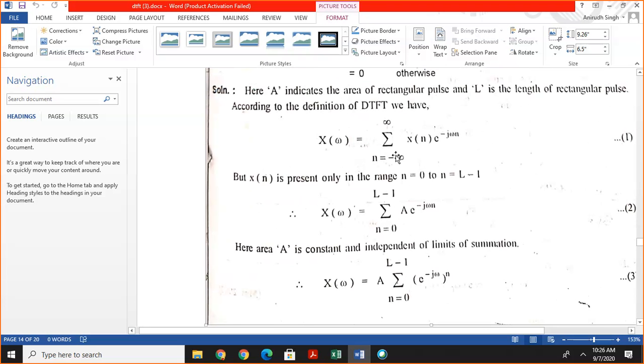X of omega is given by the summation of x of n exponential minus j omega n, but x of n is present only in the range from n equal to 0 to n equal to L minus 1. Otherwise, it is 0.